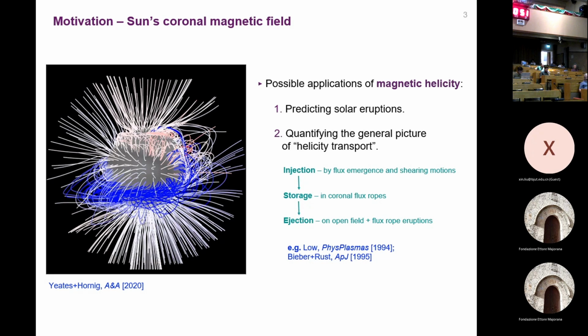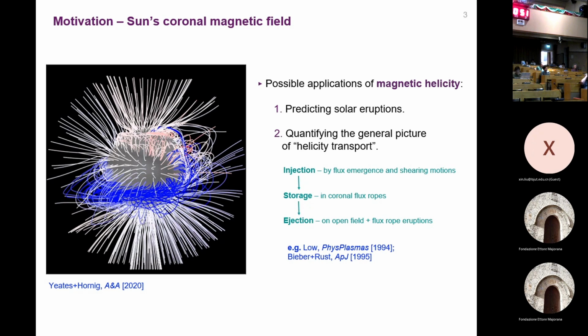It's stored in the atmosphere in these twisted bundles, and then every so often it gets ejected. So it would be nice if you could actually quantify this process. To do that, you need to be able to calculate the helicity, and to do that, you have to be able to define it.